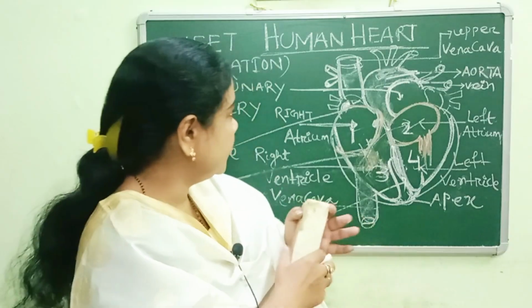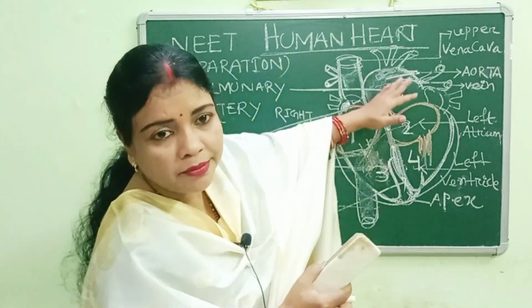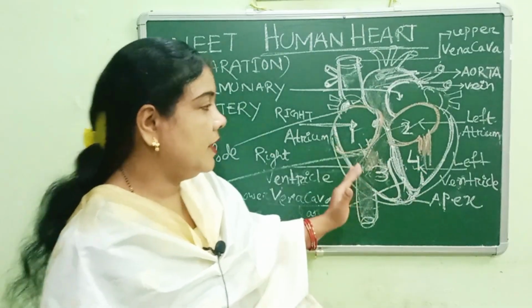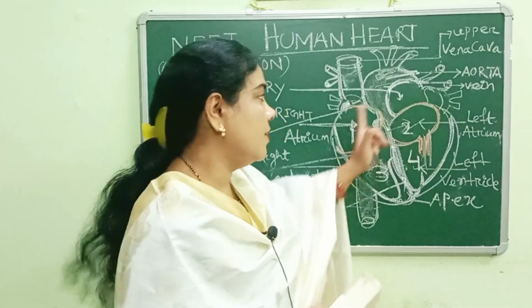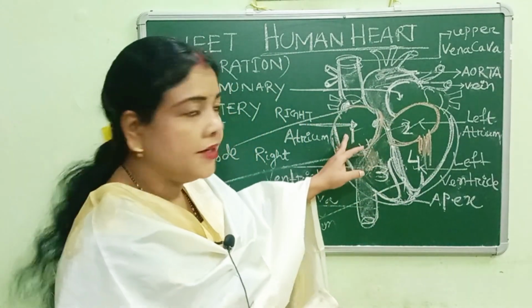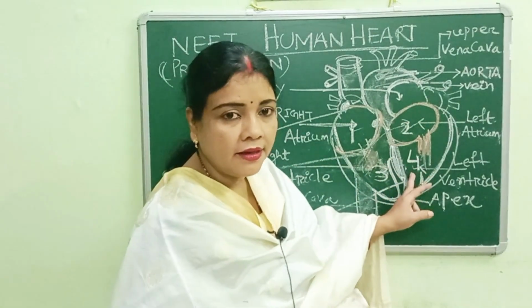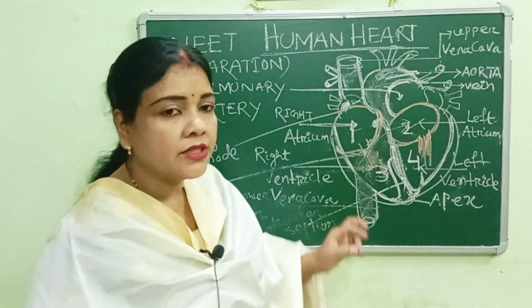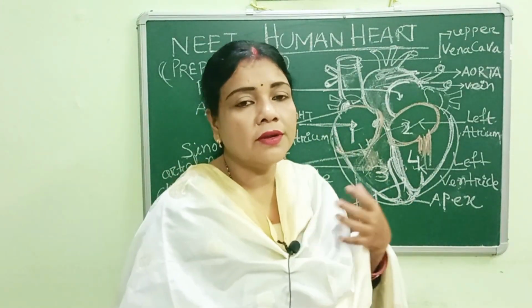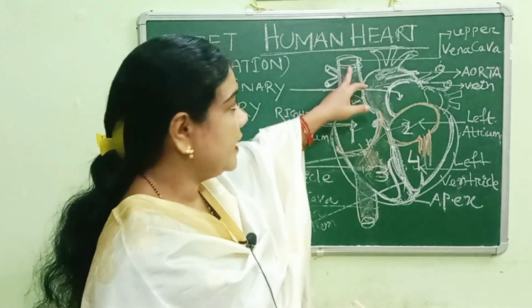Again, this is the basic structure, and I will go bit by bit. First of all, let me explain again. Our heart is divided into four chambers: right atrium, left atrium, right ventricle, left ventricle. The right atrium collects all the deoxygenated blood from the whole body through the vena cava.